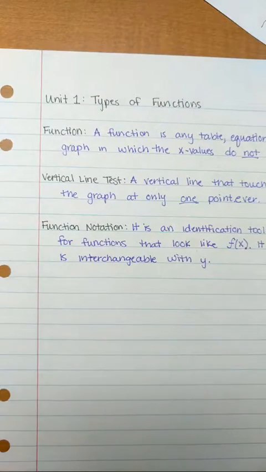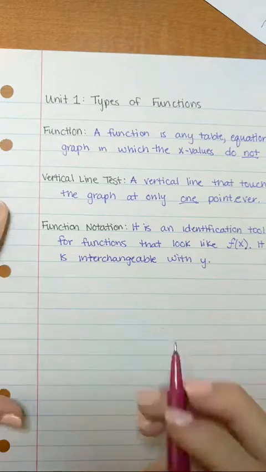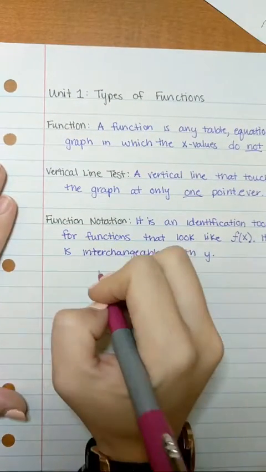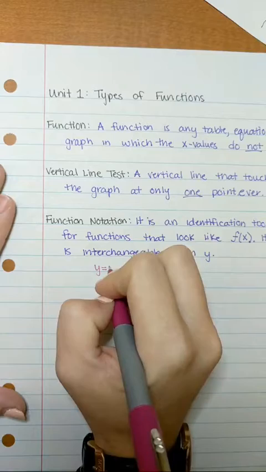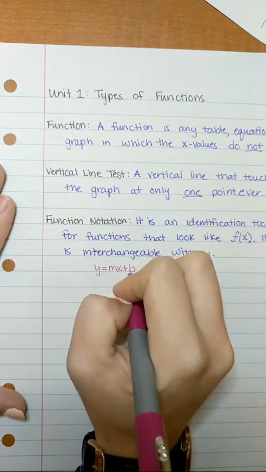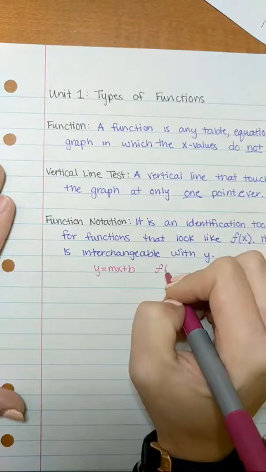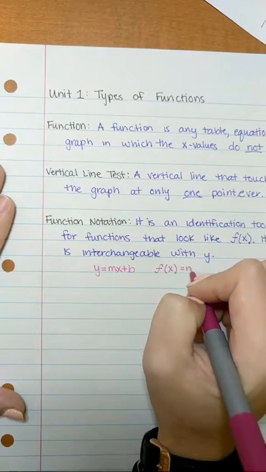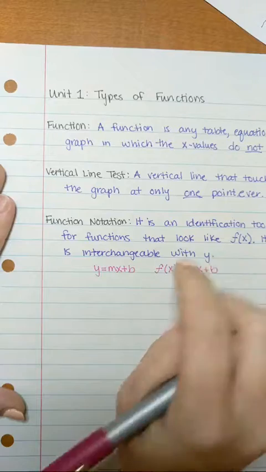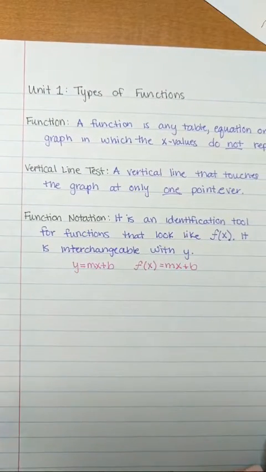So an example would be, like we've already talked about, y equals mx plus b. So it's just changing y into f of x equals mx plus b. So it's just a different way of writing an equation.